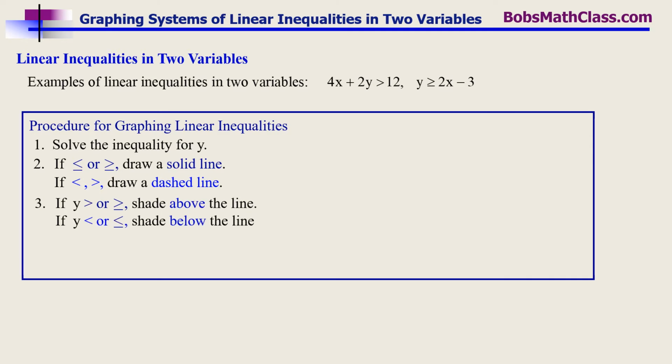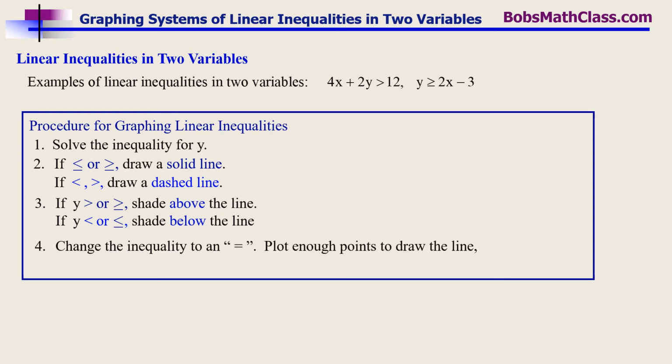Okay, if it's y greater than or equal to, we're going to shade above the line. And if it's less than or equal to, shade below the line. So greater than above, less than below. Okay, and then we're going to graph the line.